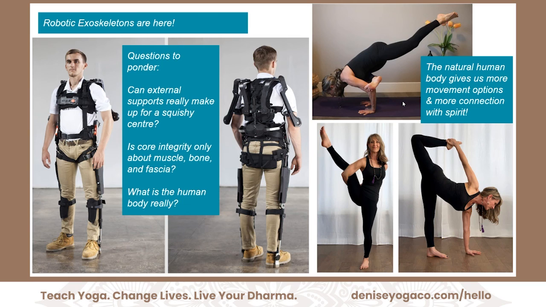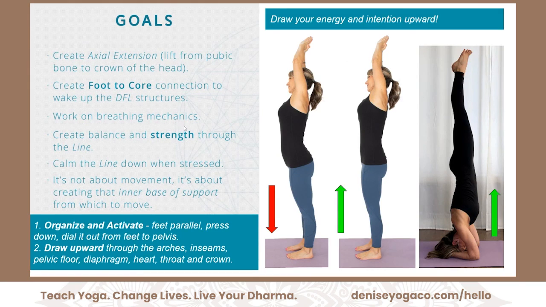Movement options. Yeah. So if we have goals with working with the deep front line, I would say, create that axial extension, that sensation of lifting through the crown of the head, lift through the heart. Again, that makes your interoceptors happier. And then develop that foot to core connection. As I was talking about, organize and activate, wake up those deep front line structures, really intentionally working with them.